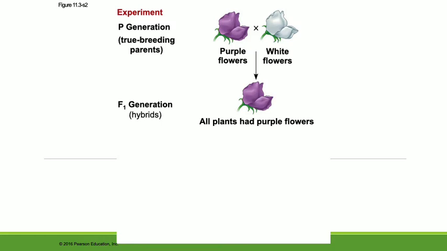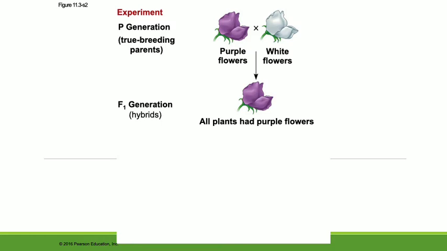He allowed all of these F1 generation plants to self-pollinate. So this one individual plant is both the male and the female, or the mom and the dad. Then when he allowed them to self-pollinate, he collected the seeds from that fertilization and planted those seeds and waited for them to grow.